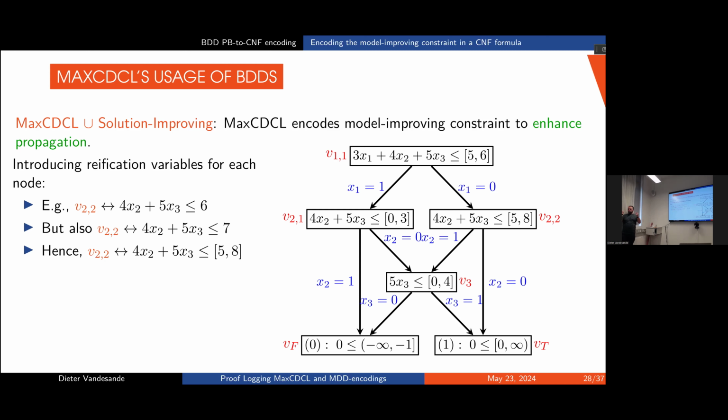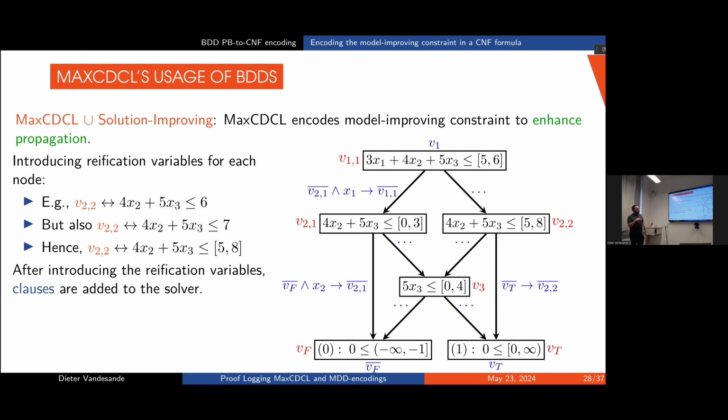That's the same constraint in some sense. And then after introducing the reification variables, the clauses are added to the solver. So, for example, if you take a look at this one, if V2 is false, V21 is false, and X1 is true, then V11 is also false.